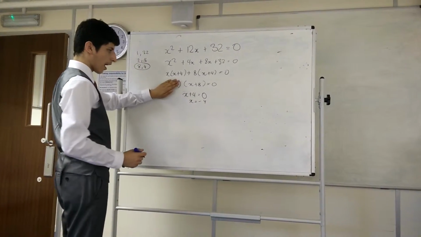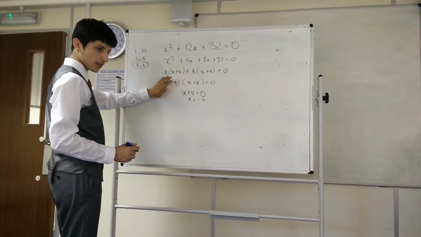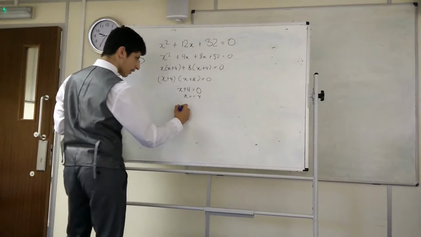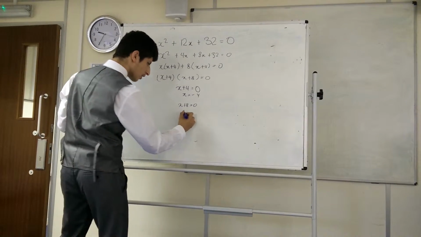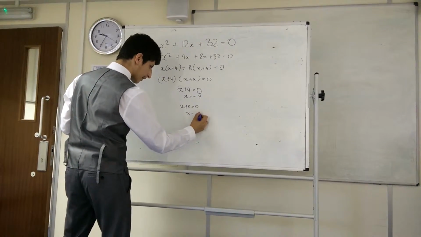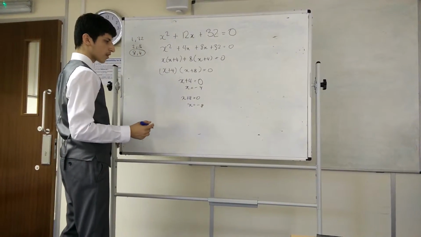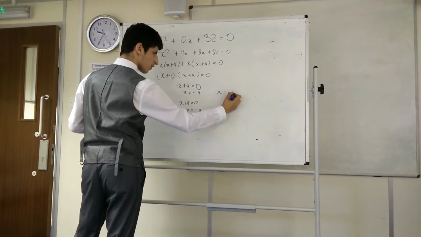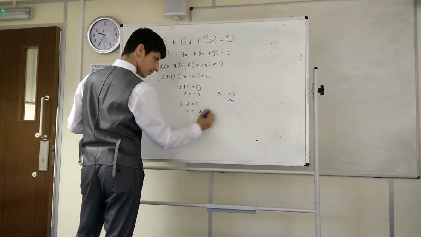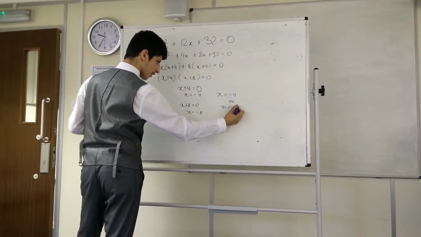Alternatively, if this bracket x plus 4 is equal to 0, we have x plus 8 equal to 0, and solving that, x equals negative 8. So you have x equals minus 4 or x equals minus 8.